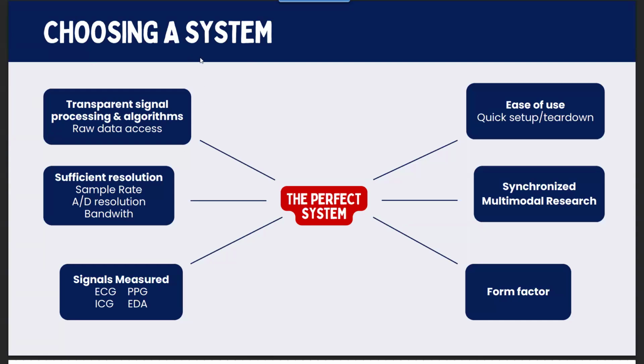Oftentimes, especially with commercial wearables, we need to be really aware of the specs of the devices. We need to be aware of the sampling rate, but most importantly, given the commercial nature of the devices, there are proprietary algorithms placed on the data that are doing the cleaning for you.